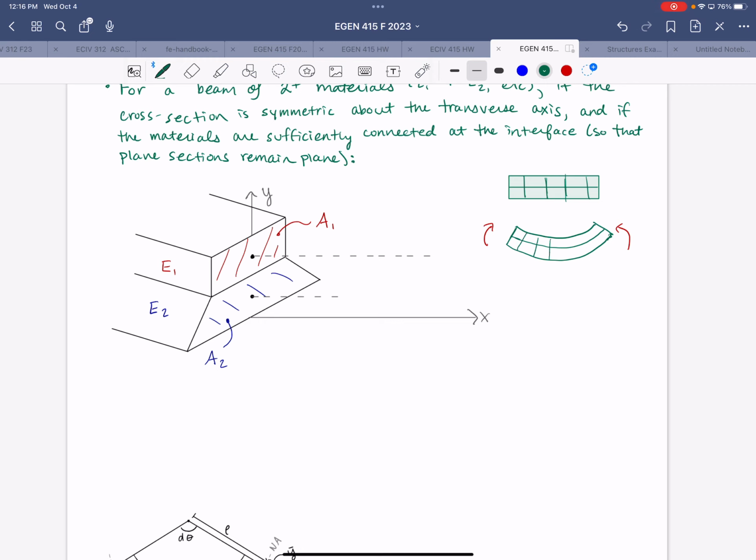And those lines that were originally perpendicular will remain perpendicular to the longitudinal planes. That's what we want to see.